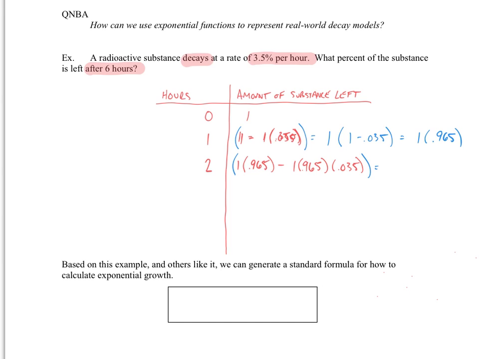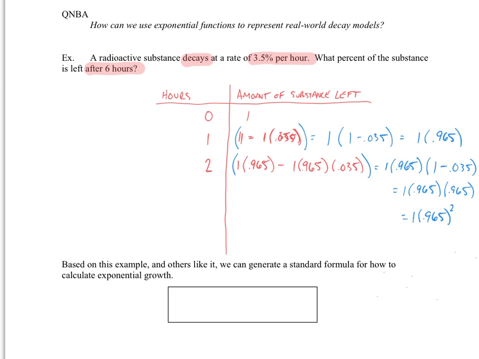So now I can not just pull a 1 out, but I can pull a 1 times 0.965 out from both of these terms. And when I do that, I'll have, let me use blue, 1 times 0.965 on the outside, and when I divide this term by 1 times 0.965, I get 1, and when I divide my second term by 0.965, I get 0.035, which equals 1 times 0.965 times 0.965, or 1 times 0.965 squared.